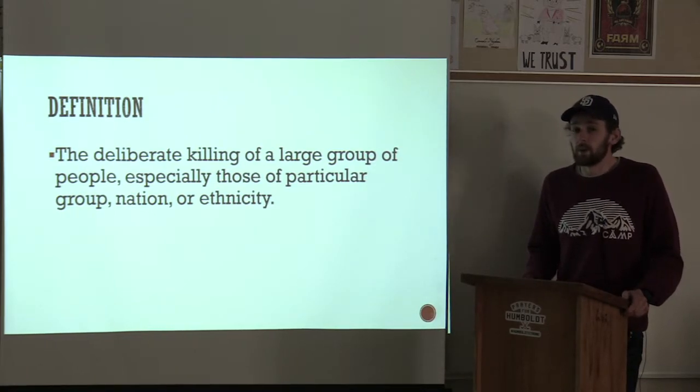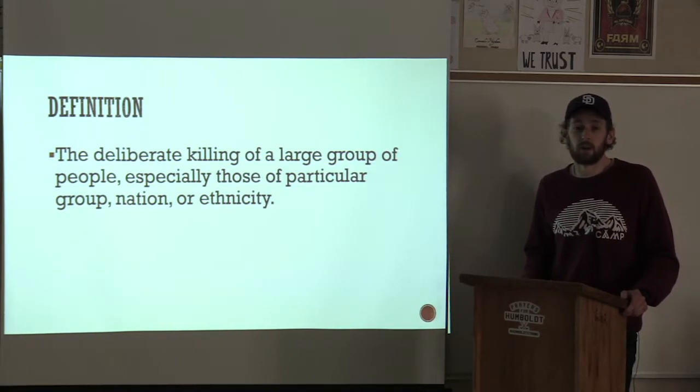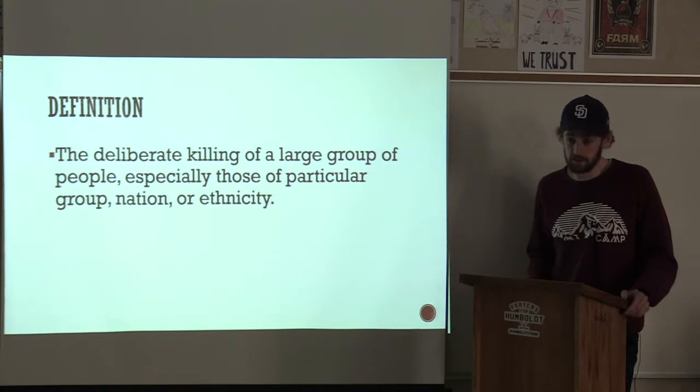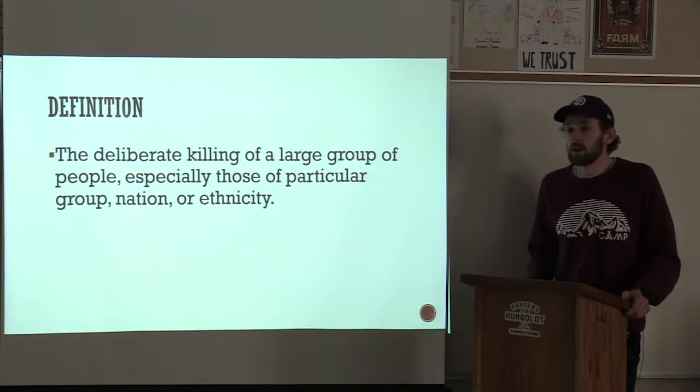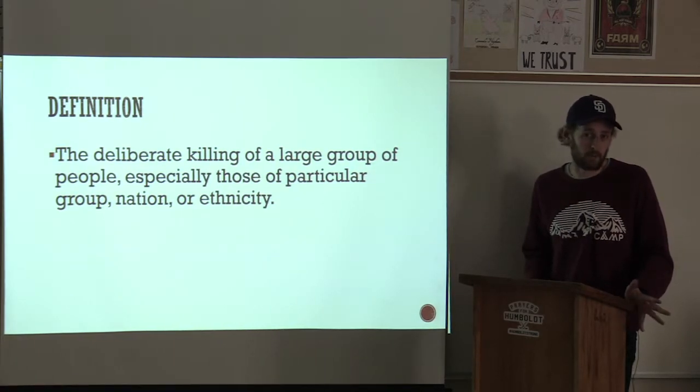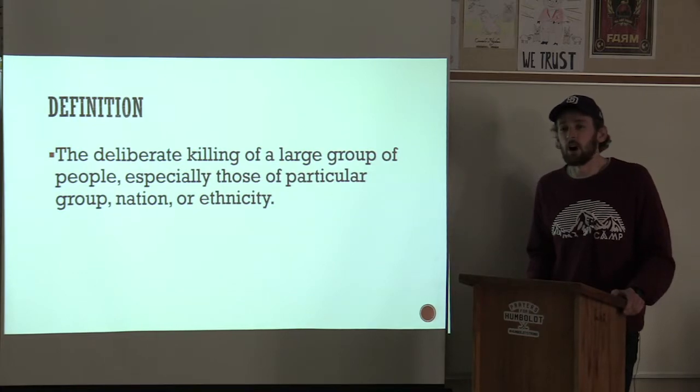This word was actually created by a Polish Jew who survived the Holocaust and couldn't come up with a word to describe what he and his people had gone through, so he created that term for this. So when we talk about something being a genocide, we're looking for a group in power attempting to eliminate another group not in power, essentially off the face of the earth, or at least out of their occupied region.